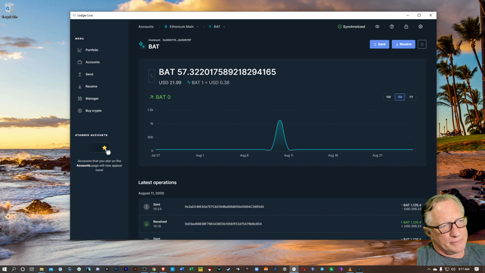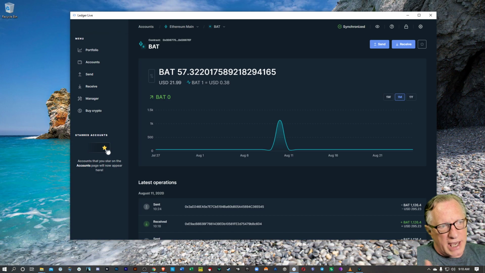Well, that's kind of a hard question to answer, but the short answer is anyone can create an ERC20 token. Anyone. I can, you can. It's not difficult to create an ERC20 token. It is difficult to create a successful ERC20 token, right?